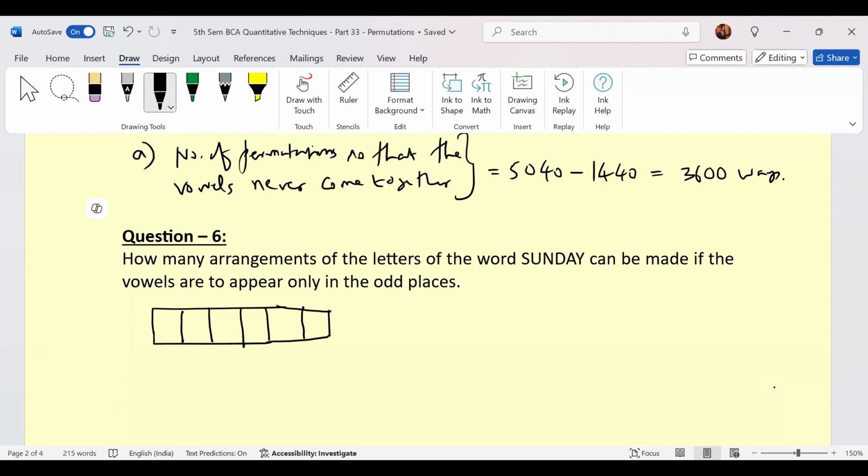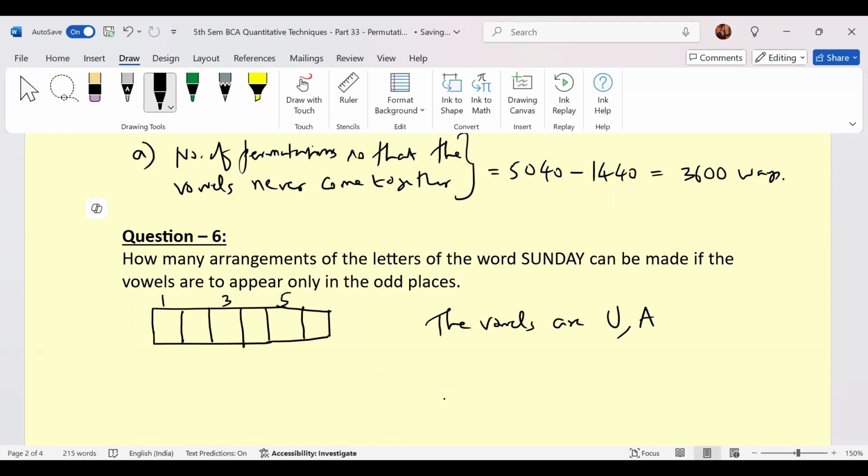So odd places, first place, third place, and fifth place. And vowels are to appear only in the odd places. The vowels are U and A.